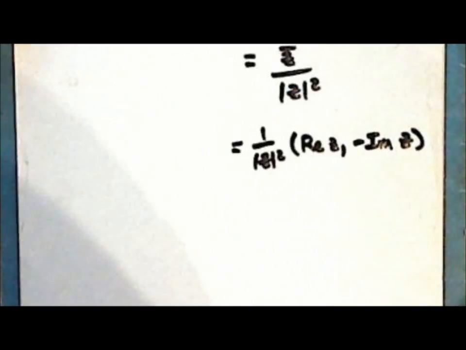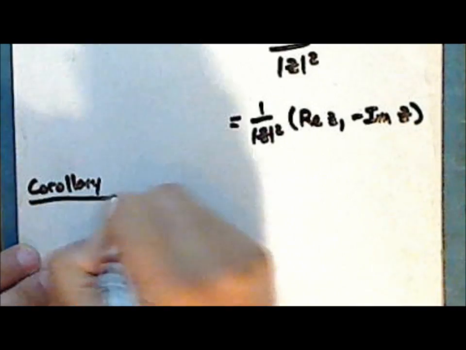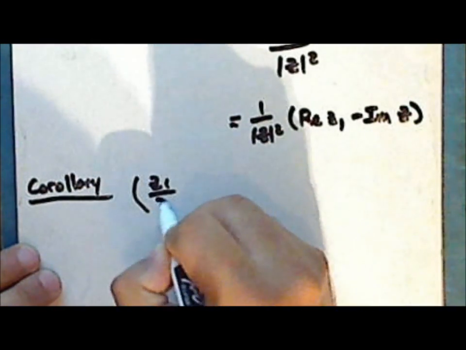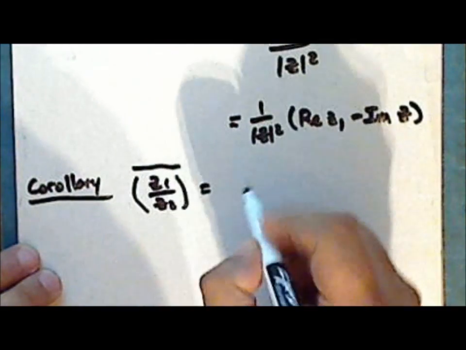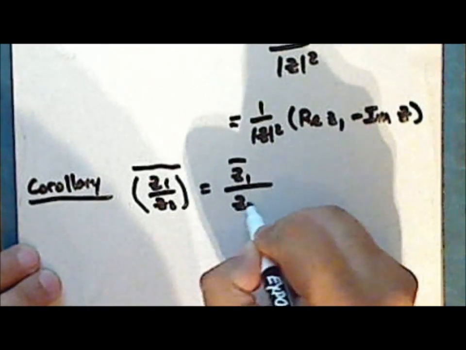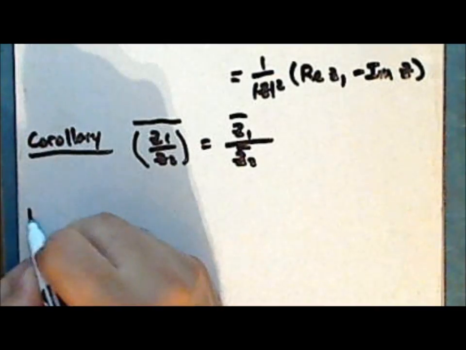So next we can prove a corollary to the theorem. We will show that the conjugate of a quotient is the quotient of conjugates. So proof.